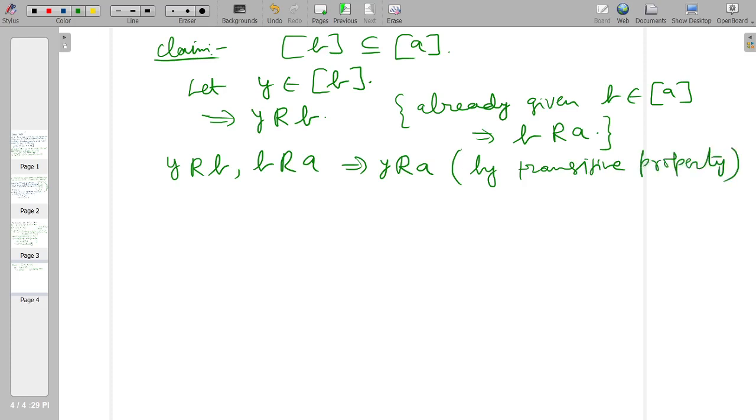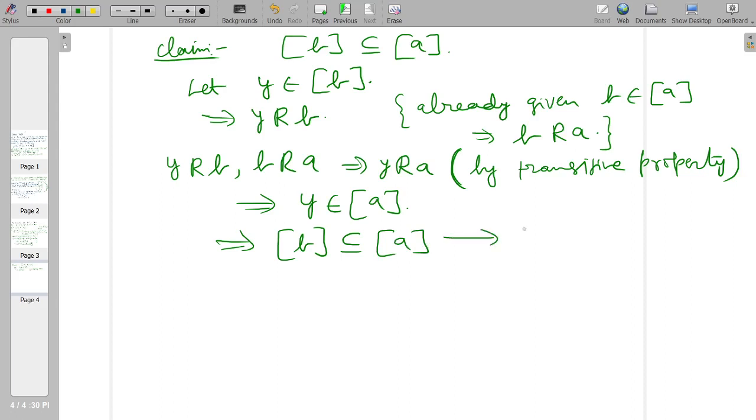So by transitive property, you have Y is related to A, which means that Y belongs to equivalence class of A. So now you have started with Y in equivalence class of B, and you are able to prove that the same element Y is in equivalence class of A. So you could conclude that equivalence class of B is contained in equivalence class of A. What I call it as equation B.